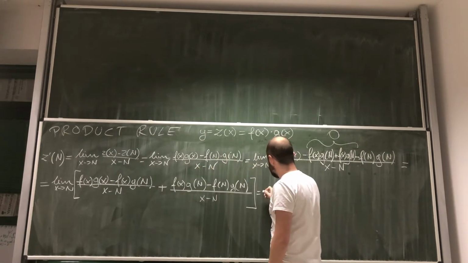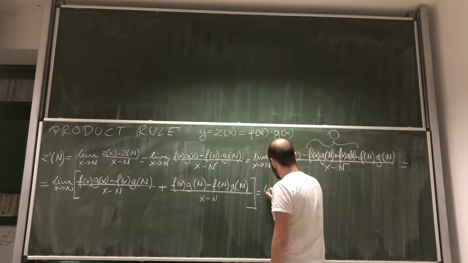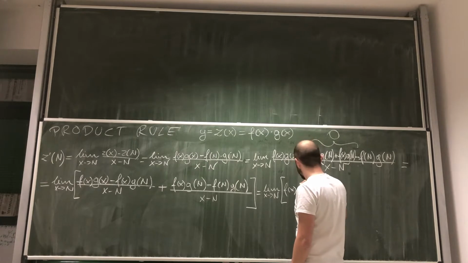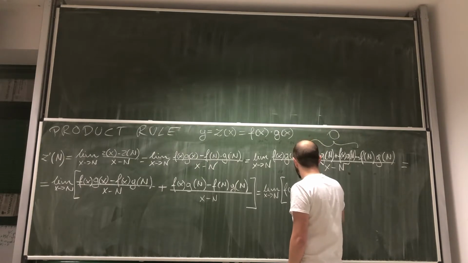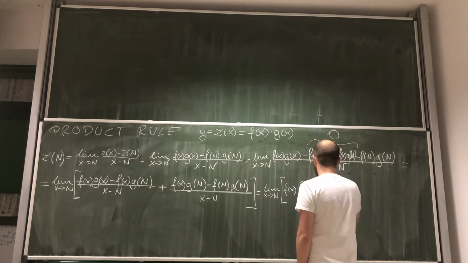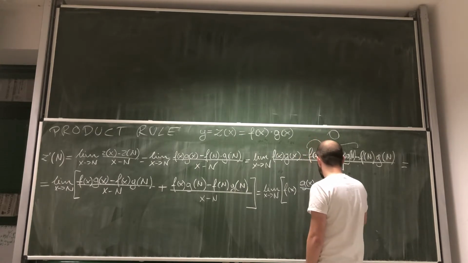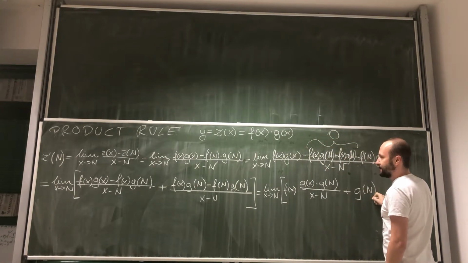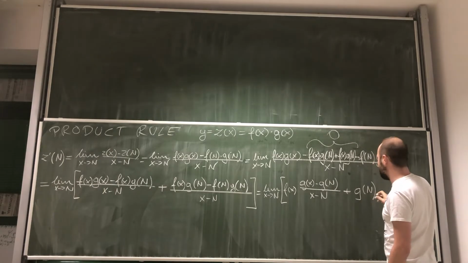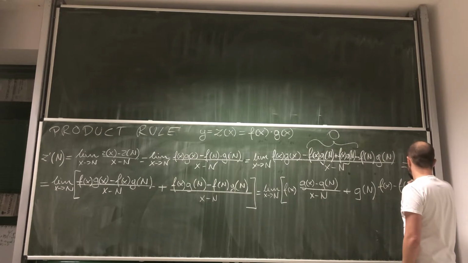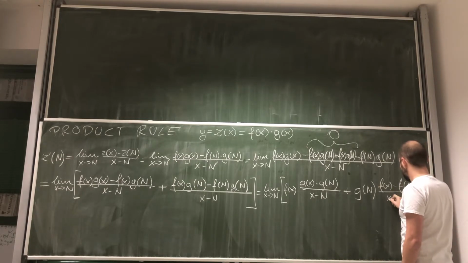So I'm getting that this is the limit with x approaching n of f of x times g of x minus g of n divided by x minus n, plus g of n times f of x minus f of n divided by x minus n.